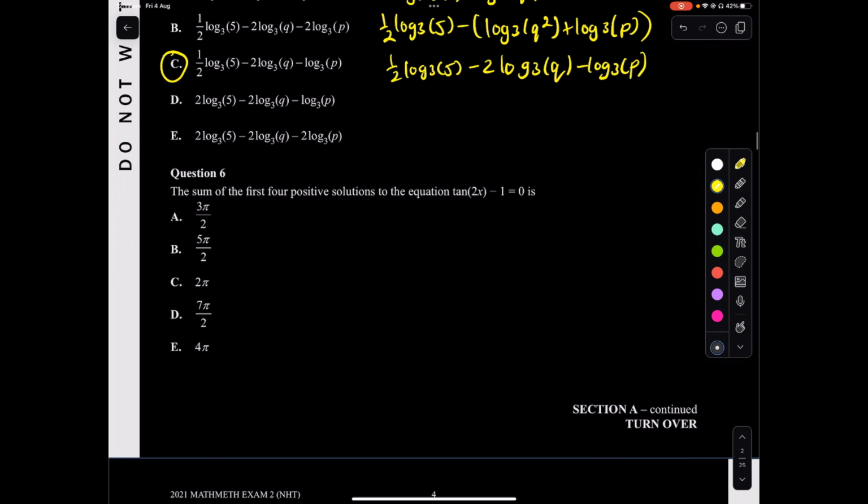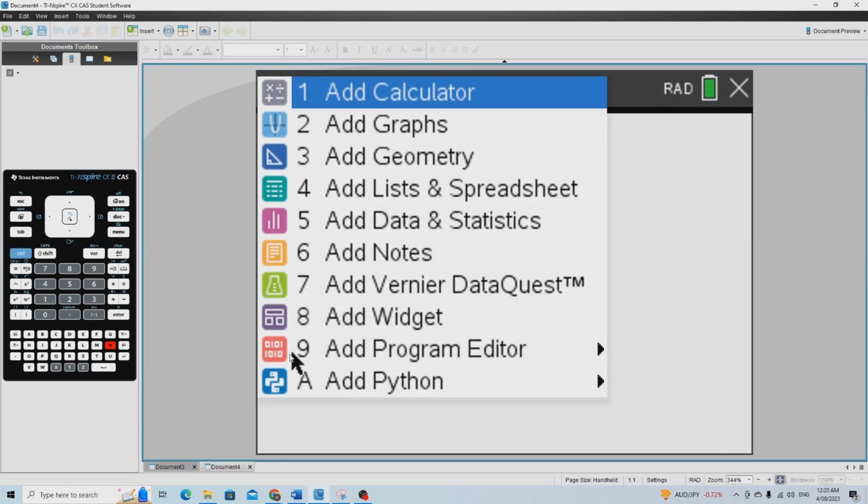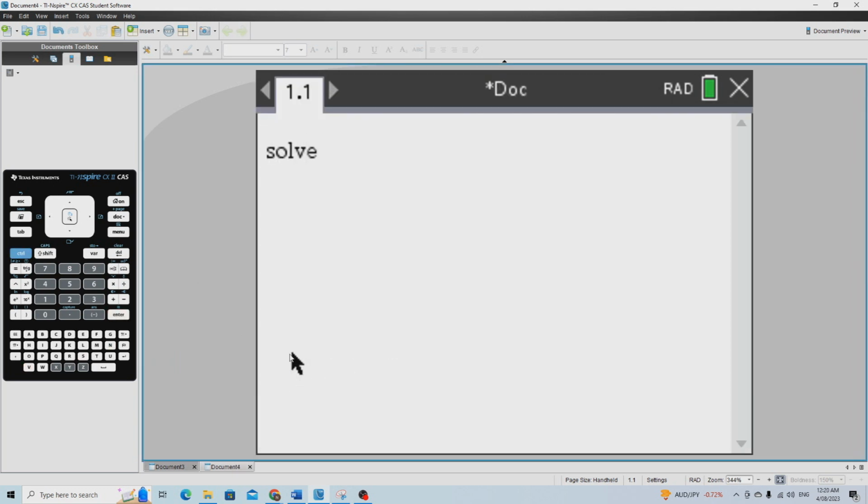Perfect. So the sum of the first positive solutions to the equation this is what? We'll do it on a CAS. Okay, so control N this. I know we want to solve tan 2x equals 1, comma x. We're going to put a domain. Now, it says tan 2x, so pi over 2 will be your period.